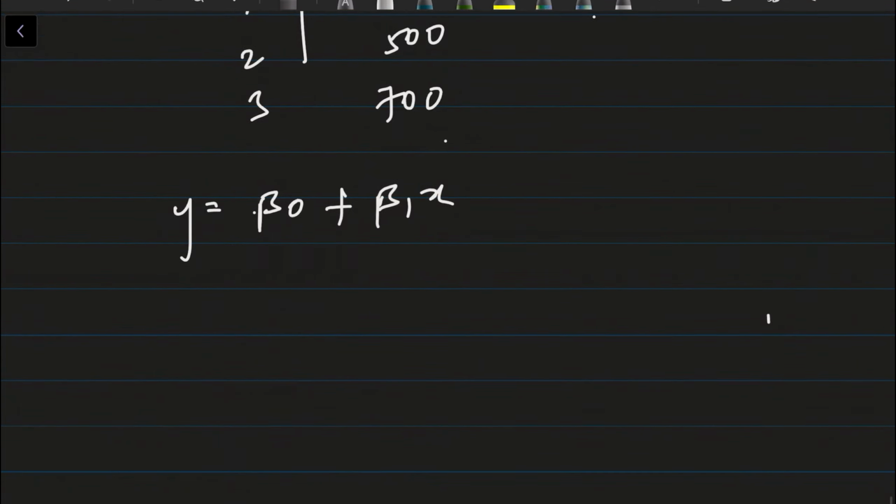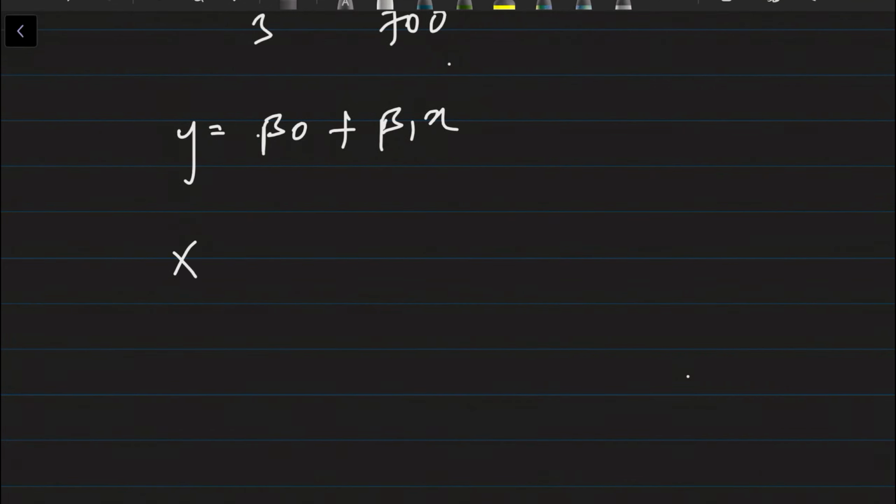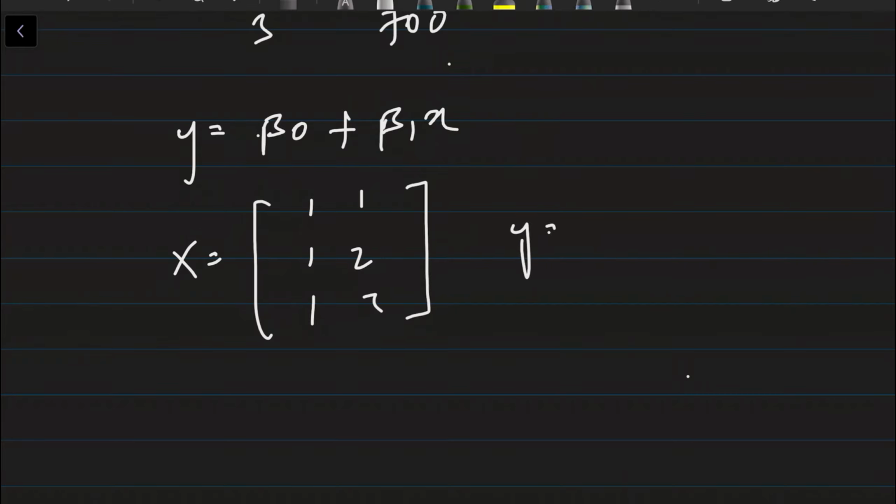Here the X matrix is 1 1, 1 2, 1 3, and y equal to 300, 500 and 700.